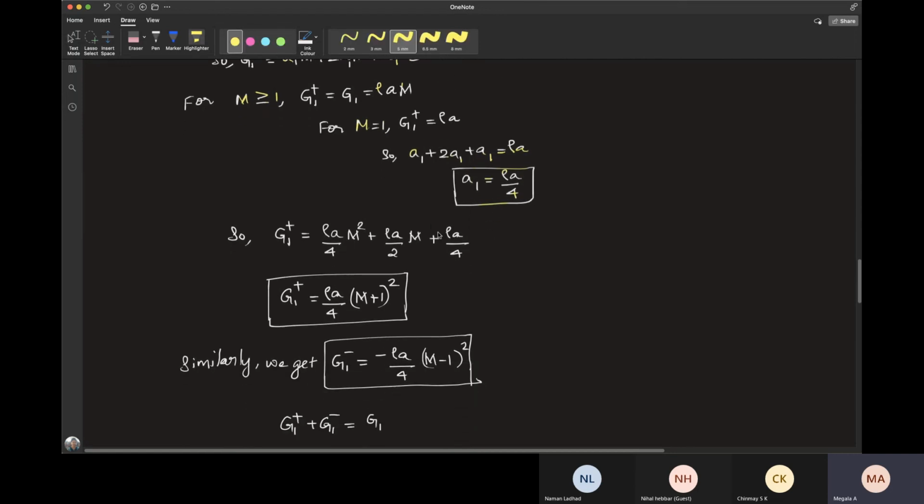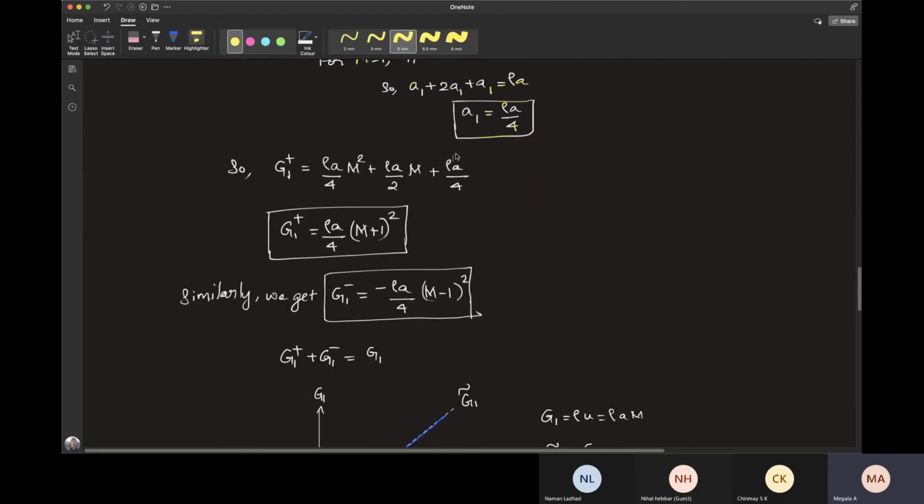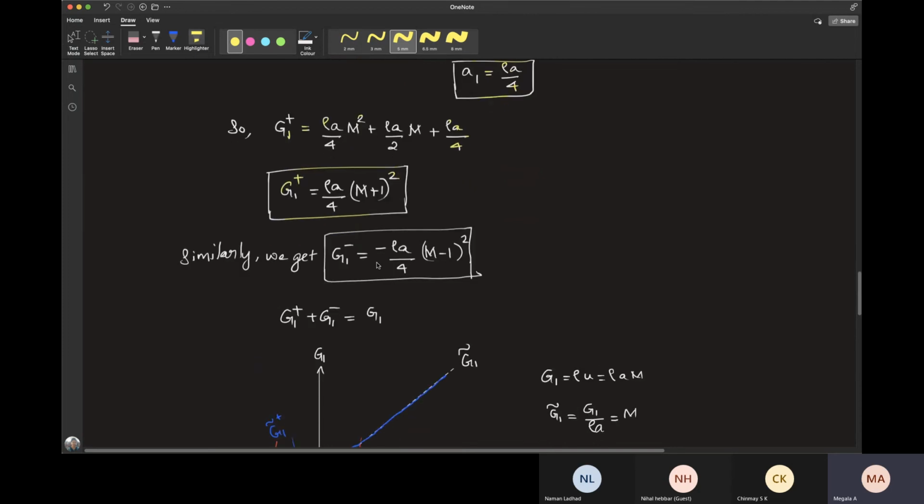So now you have found an expression for G1 plus, which is this. A simplified form of that is this one: rho a by 4 into (m plus 1) the whole square. With similar arguments, we can get G1 minus as minus rho a by 4 into (m minus 1) the whole square.